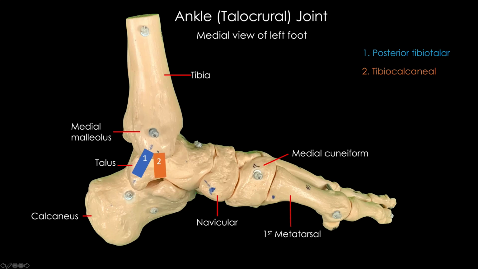And then this is the tibio-calcaneal, from my tibia going towards my calcaneum. So this is the tibio-calcaneal part of my medial collateral ligament, and there you can see another slip which is extending from my tibia towards my navicular bone. So we will call this the tibio-navicular part of my tibial collateral ligament.